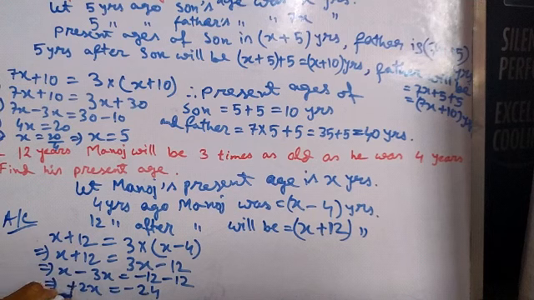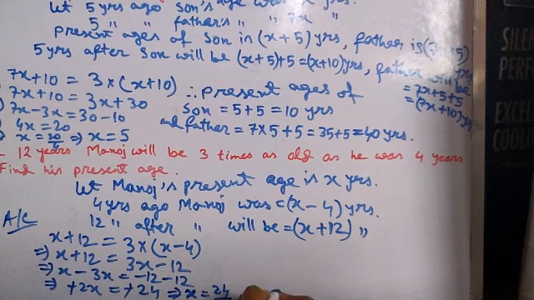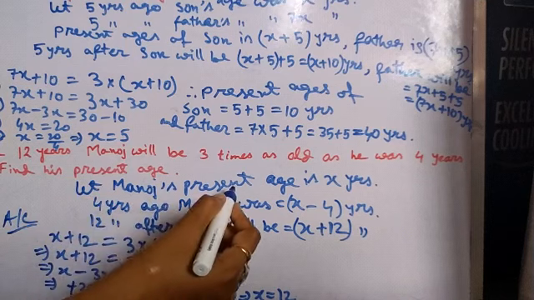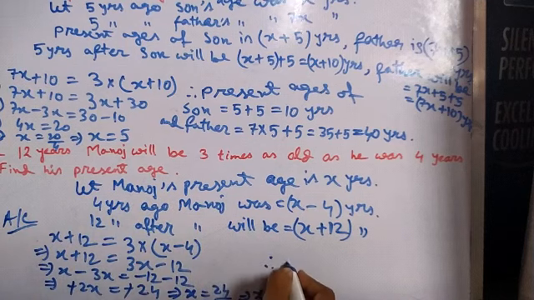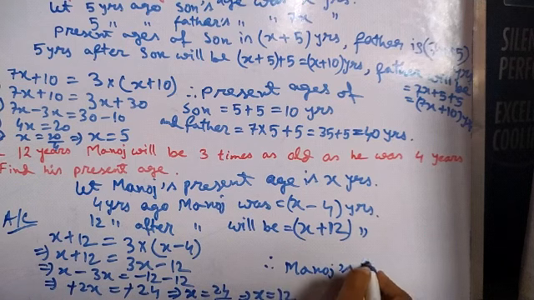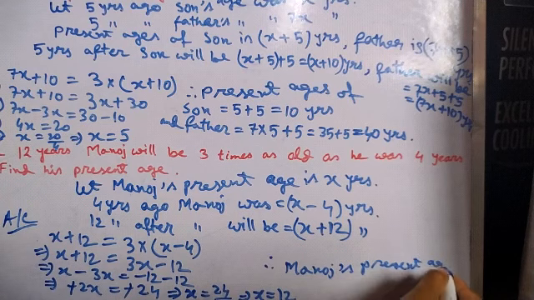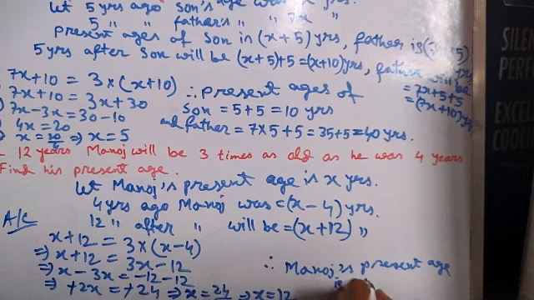This minus will be cut, then x equal to 24 by 2, implies x equal to 12. So x I have taken as the present age, therefore Manoj's present age is 12 years.